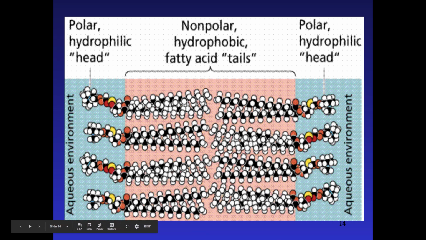Made up of our bilayer of phospholipids. And we see the phosphate hydrophilic heads both in watery environments, aqueous environments, and we see the fatty acid chains are in the hydrophobic area. They make up kind of the middle of the plasma membrane.